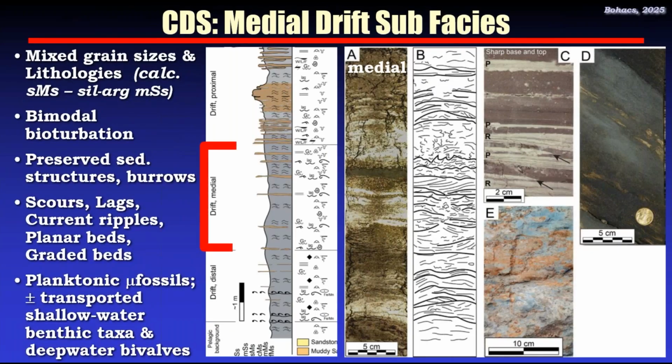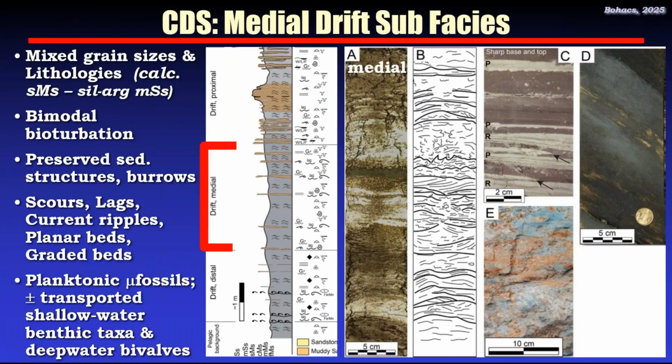Closer to the contourite channel, the medial drift facies is characterized by mixed grain sizes and lithologies, as well as faster sediment accumulation. This facies comprises calcareous sandy mudstone and siliceous argillaceous muddy sandstone with a few brown glauconite grains and organic matter-rich argillaceous pellets.